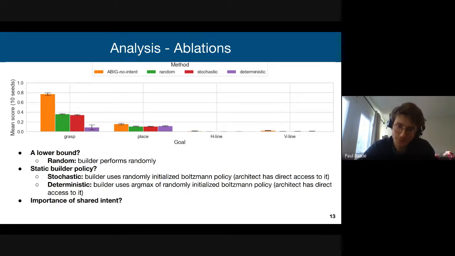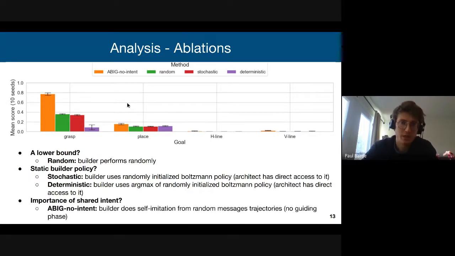For that, we tried a no-intent ablation, where the builder does self-imitation, but not on guidance data. It only does self-imitation when the architect is sending messages at random, meaning that it's not optimizing for its own objectives. And we see that except on the simple tasks, such as grasp, this fails on other tasks.